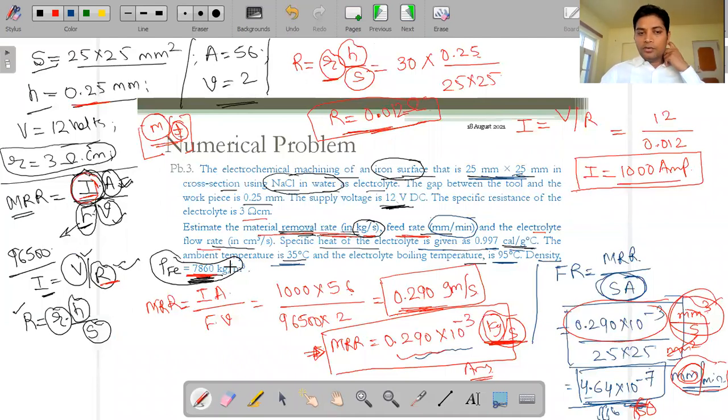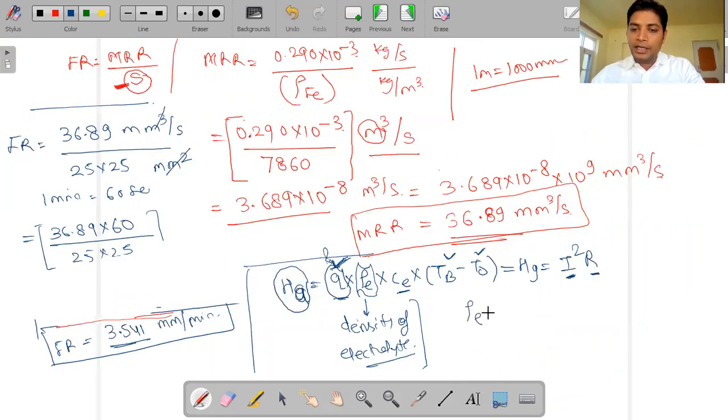The density of 7860 is given in the beginning, but that is the density of the iron. If it is not given, please consider that we are using salty water, so the density of the electrolyte will be 1.0 gram per cc. Sorry guys, it is not 0.10, it is 1.0 gram per cc. Now you can calculate the value of Q.